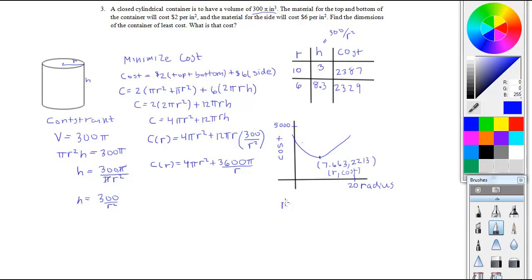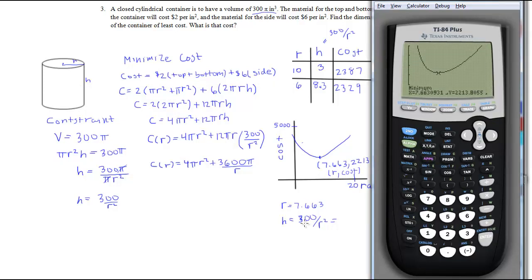So the radius is 7.663 and the height is 300 divided by that. 300 over the radius squared. Doesn't look like a 3. And so I'm going to do that here. And this 7.663 is stored in the variable x.